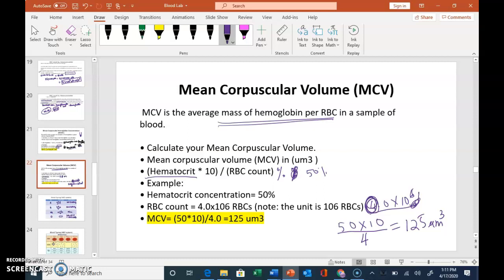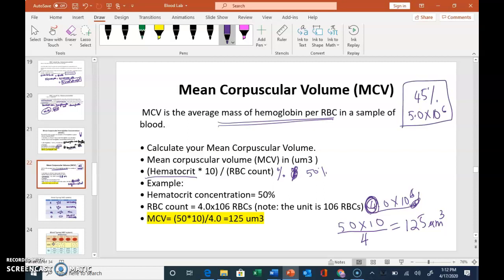Again, one more time, you need the hematocrit value and the RBC count. You take the hematocrit value, multiply it by 10, and then divide it by the RBC count. Another example: let's say hematocrit value is 45% and RBC count is 5.0 times 10 to the power 6.